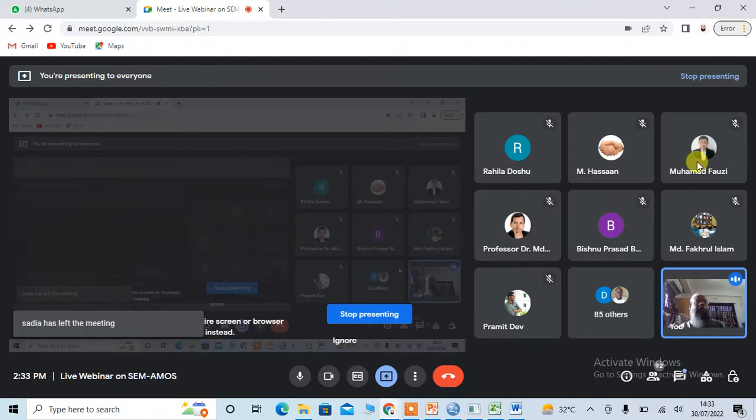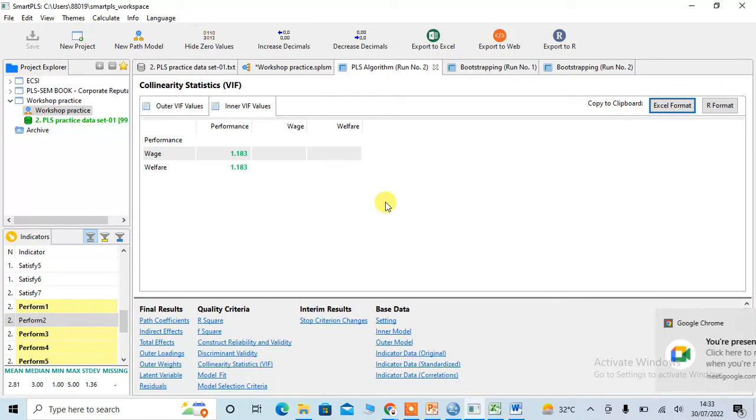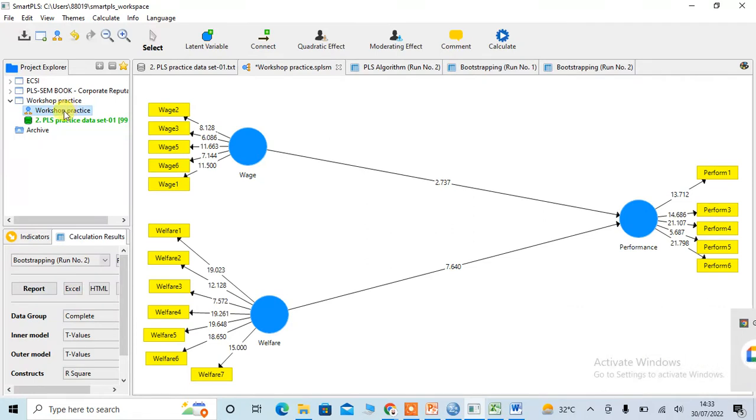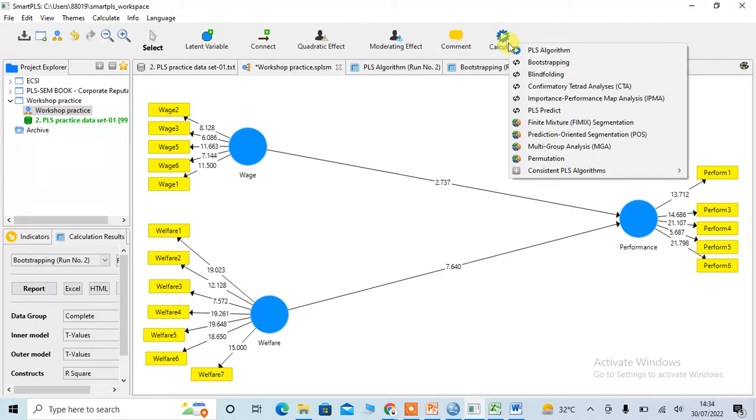So, how to do it? Go to your software and open your model by clicking on workshop practice. Then go to Calculate, then the third option is blindfolding. Everybody please follow me.